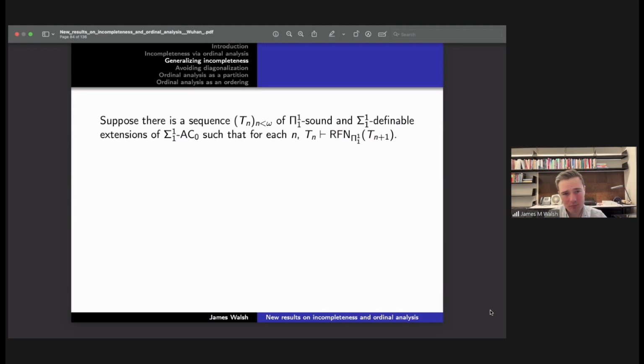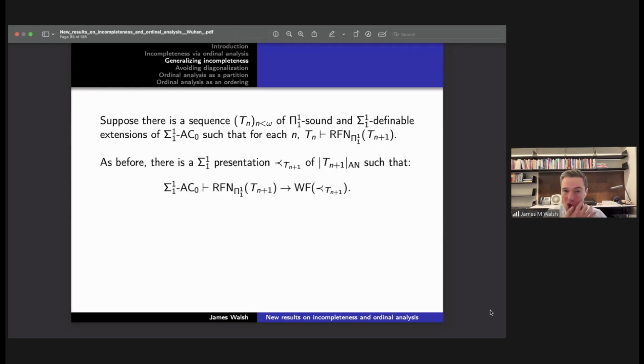As before, each of these theories meets the hypotheses of the previous theorem: Pi-1-1 sound, Sigma-1-1 definable extension of Sigma-1-1 axiom of choice. So as before, there's going to be a Sigma-1-1 presentation of the analytic proof-theoretic ordinal of Tn+1, such that Sigma-1-1 choice proves this conditional. For each n, Sigma-1-1 choice proves: if Tn+1 is Pi-1-1 sound, then the ordering of Tn+1 is well-founded.